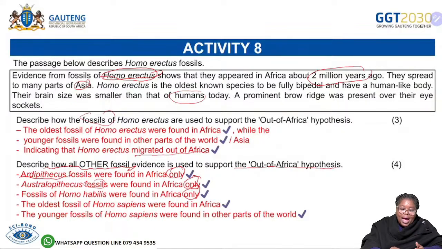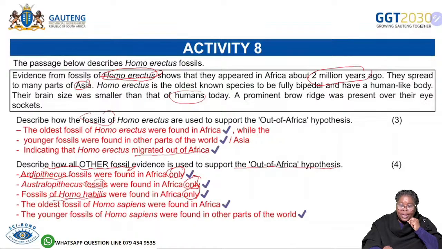So both Ardipithecus and Australopithecus fossils were found in Africa only. This is as per exam guideline. Now, fossils of Homo habilis. These are other fossils. Fossils of Homo habilis were found in Africa only. So, Ardipithecus fossils, Australopithecus fossils, Homo habilis were found in Africa only.